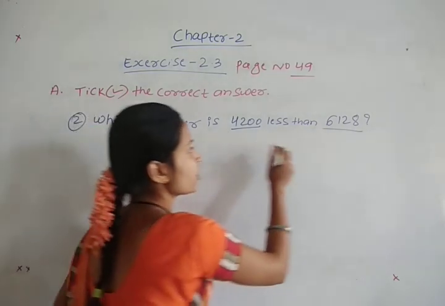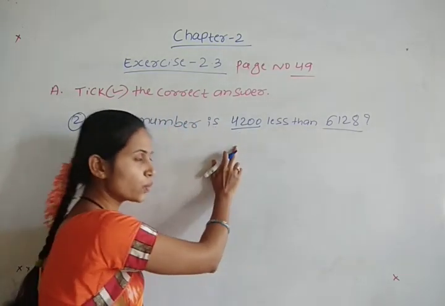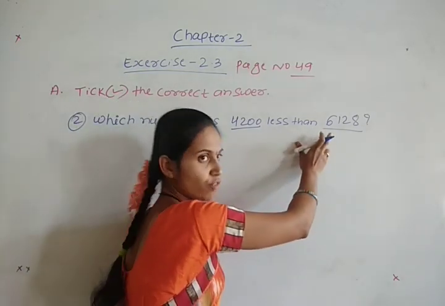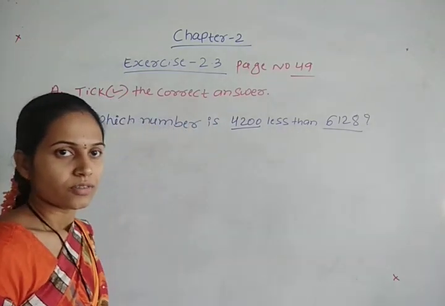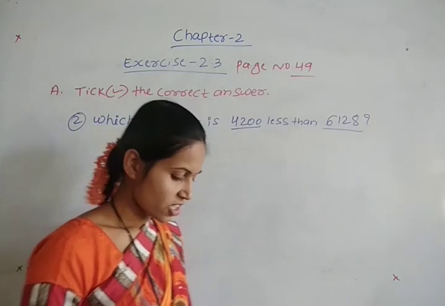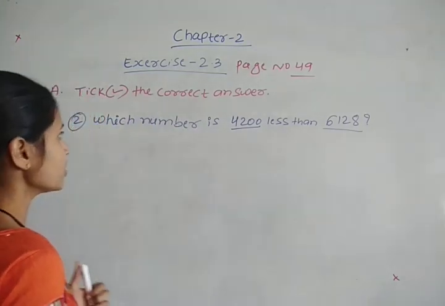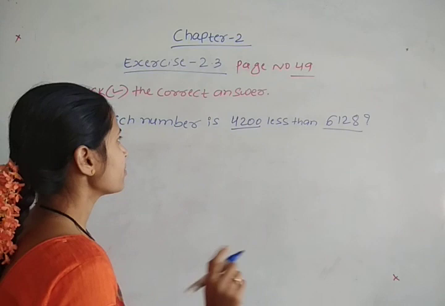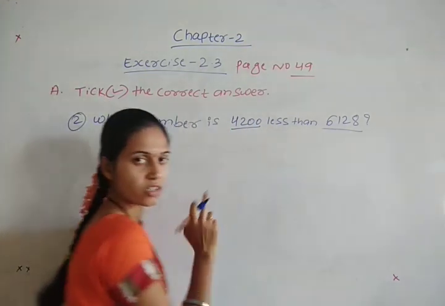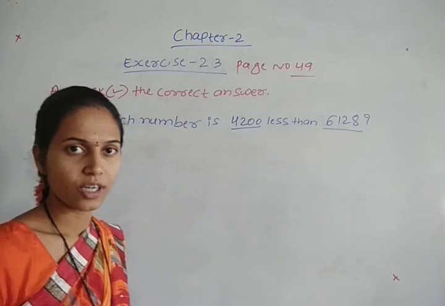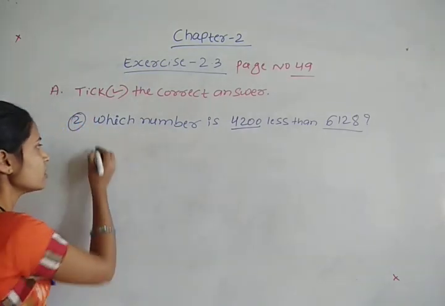So I will subtract 4200 from this 6128. After the subtraction, whatever answer we get, that number will be 4200 less than this 6128. Okay, so this is the question.